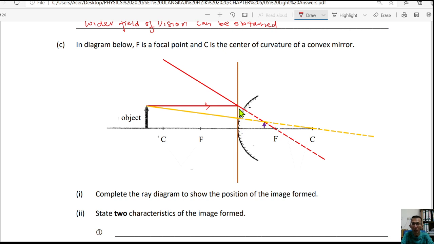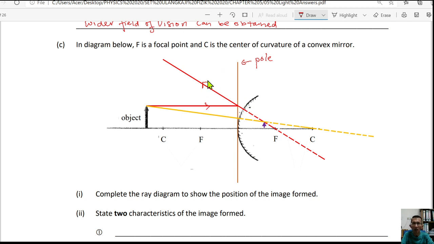So we draw a line here to represent the pole of the mirror, our reference line actually. Up to this point, the incoming ray will be reflected upward.